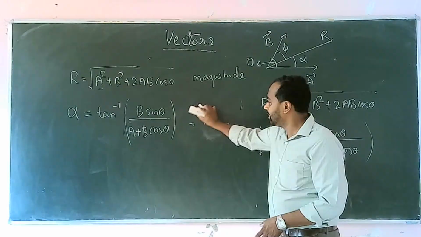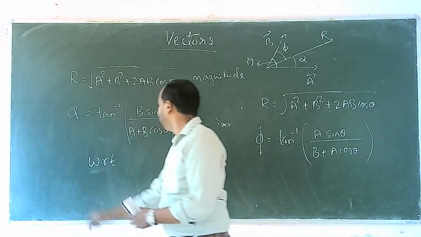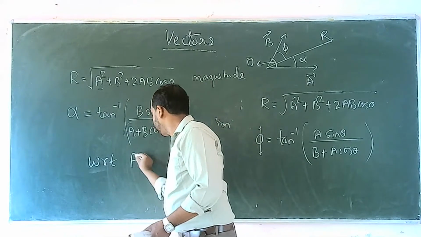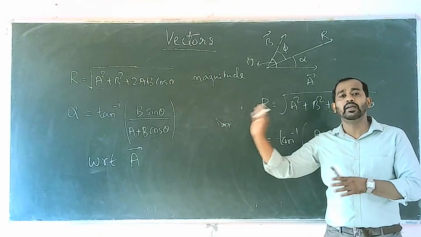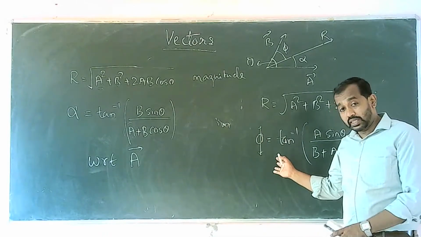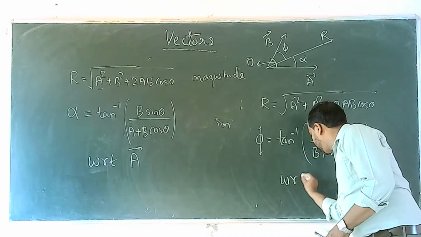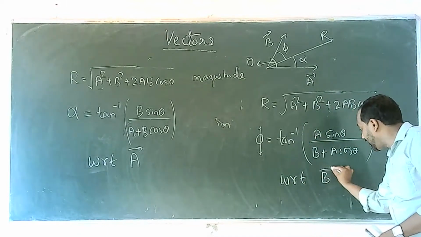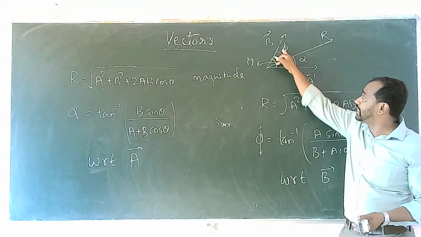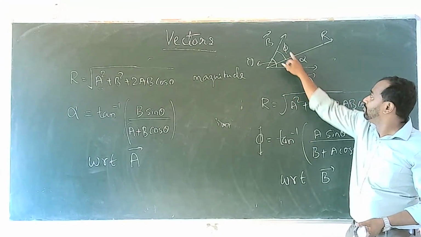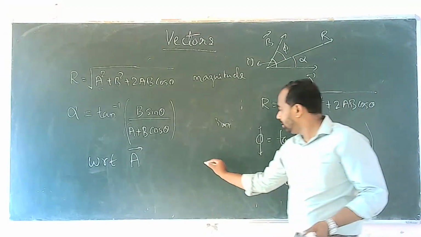So this angle alpha is with respect to vector A, that means with respect to the direction of vector A. On the other hand, this angle will be with respect to the direction of vector B. And we can also find the relation between these two. What is the value of phi?